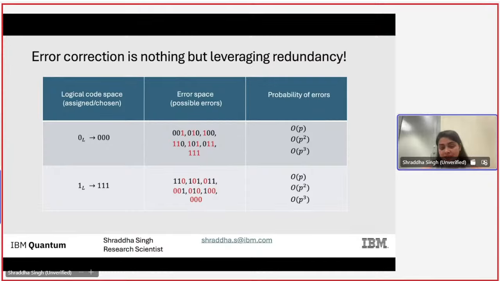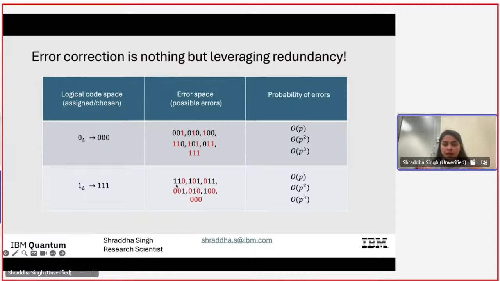That means the probability of the 0 state undergoing a single qubit error and ending up in 0, 0, 1 is higher. So we would assume that whenever we see 0, 0, 1, it's more likely that an error happened while you were in the 0 state. And when you see something like 1, 1, 0, you would assume that there are more chances that an error might have occurred in the logical 1 state to have brought you here.